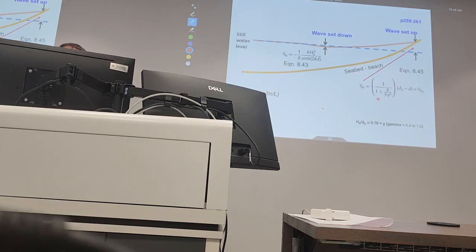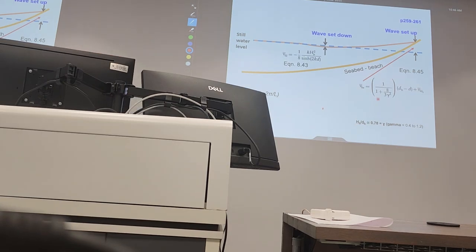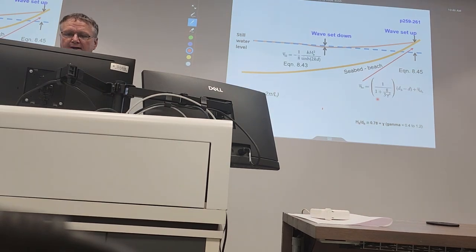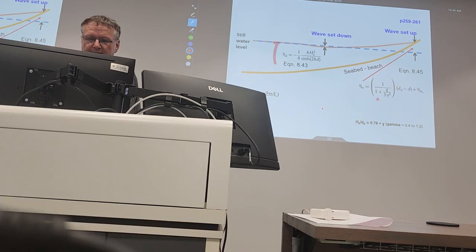If you look at our setup in the handbook, on pages 259 to 261, we've got this action happening. Just after breaking, we first have some set-down, so there's a bit of a reduction in the level, and then it goes up, and on this side we have our wave setup. For our reduction, you'll see we've got this equation.